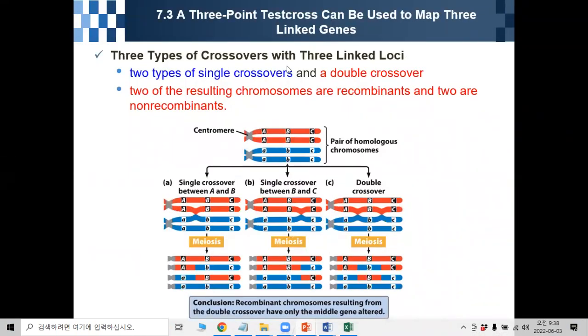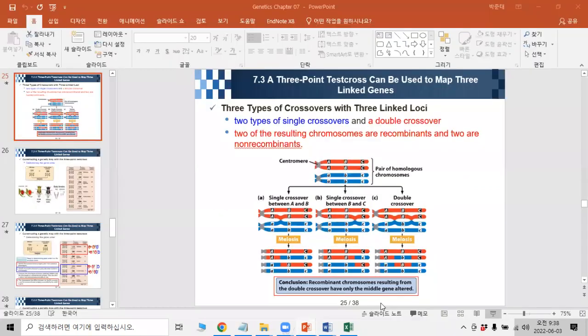If a double crossover happens, the only thing is that the middle gene is altered. When a double crossover happens, this one is not changed and this one is not changed.